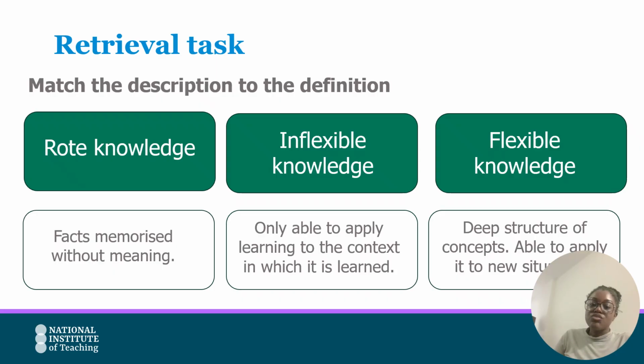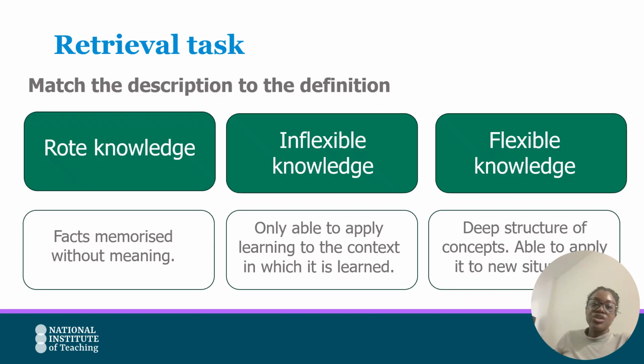And we can see rote knowledge is facts that are memorized without any real meaning to it. So we're just getting students to memorize definitions. For example, we've got inflexible knowledge there, which we are only able to apply to learning within the context. And then we've got flexible knowledge, which is deep structure of concepts, and we're able to apply that to new situations.